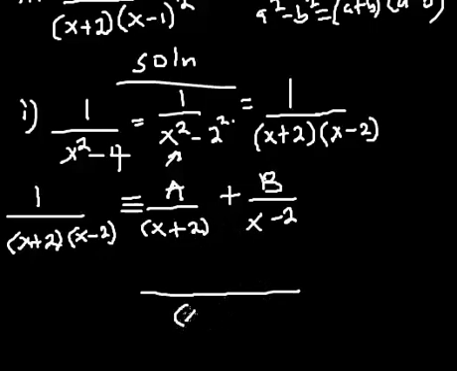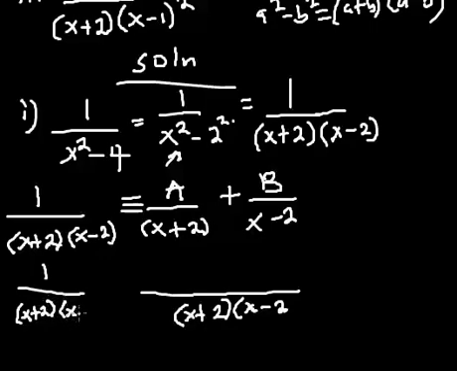The LCM of the denominators is x plus 2 and x minus 2. So I still need to write this down: 1 all over x plus 2 and x minus 2 is equivalent to, I will divide the LCM by x plus 2.